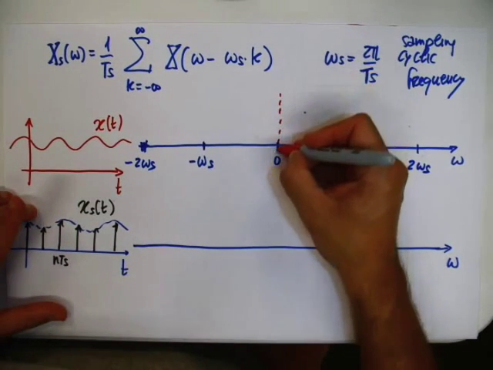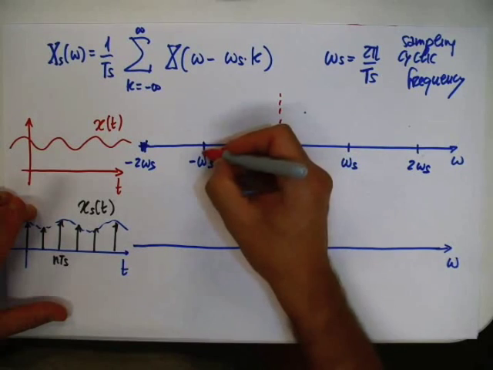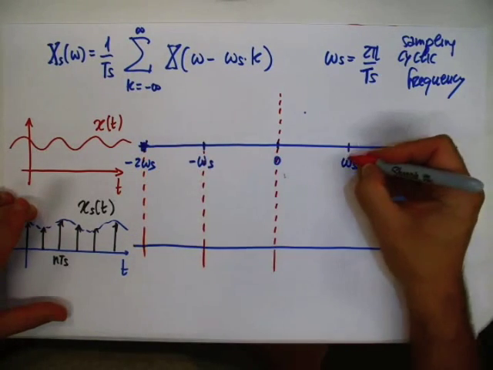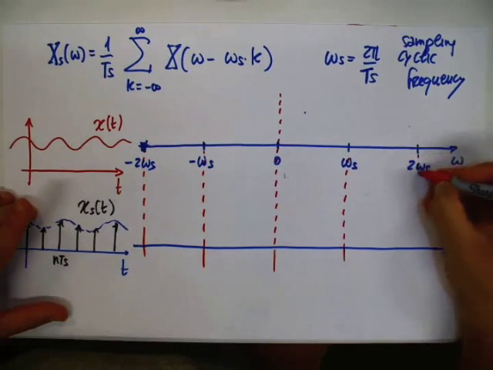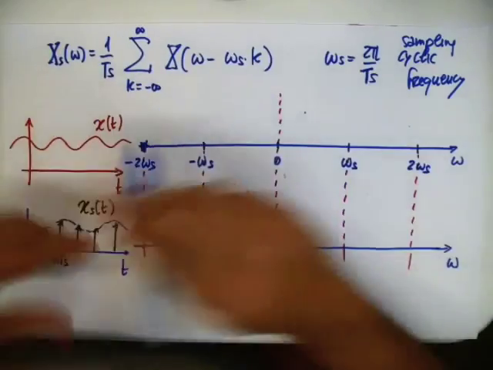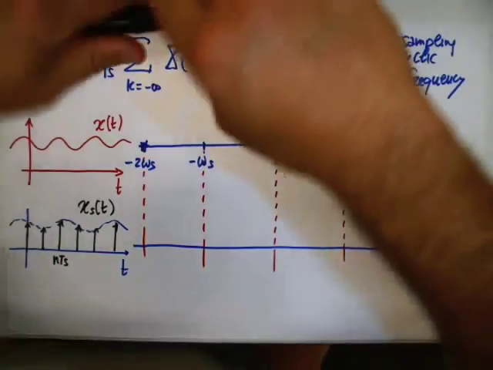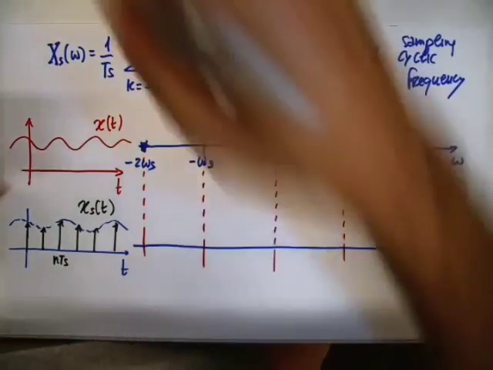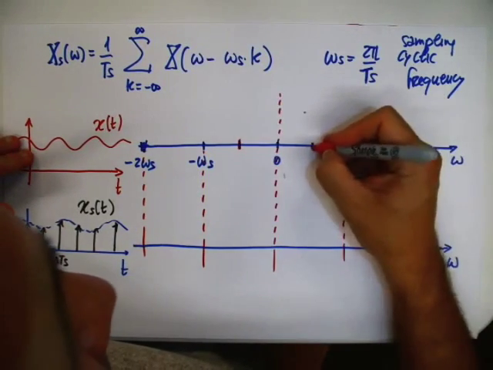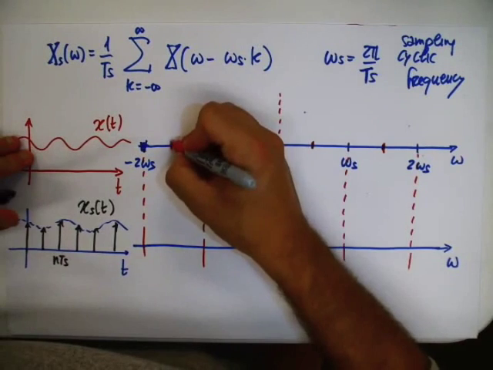Then here I'm going to draw the Fourier transform. Of course, I also have to define the middle points, which are also important.